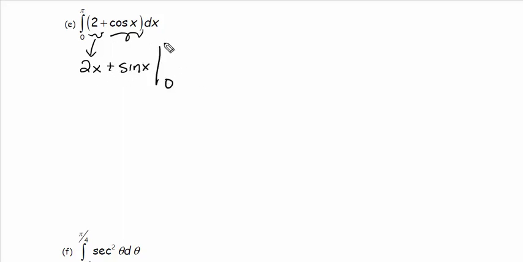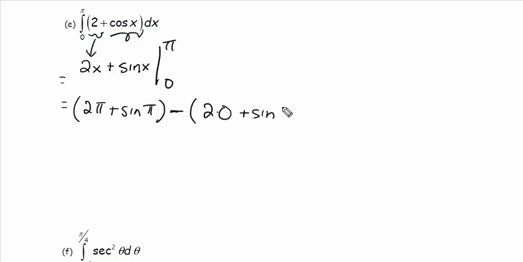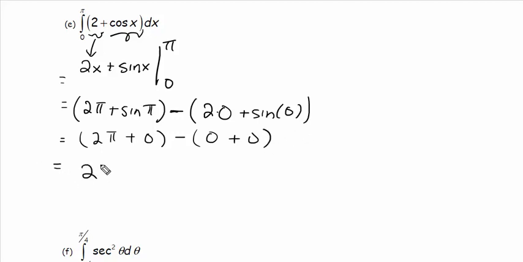And then I'm going to evaluate this from 0 to pi. So I'm going to substitute in the pi, 2 pi plus sine of pi, then subtract what I get when I substitute in the 0. So sine of pi ends up being 0. So 2 pi plus 0, and 2 times 0 is 0, and sine of 0 is 0, so the whole thing is 2 pi.